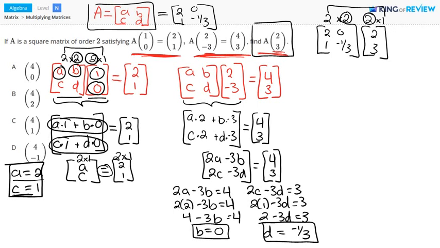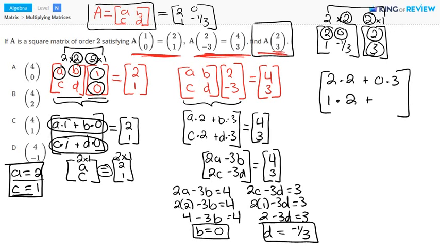The product is going to be a 2 by 1. So let's set up the multiplication here. The first entry is going to be 2 times 2 plus 0 times 3. And the next entry is 1 times 2 plus negative 1/3 times 3.